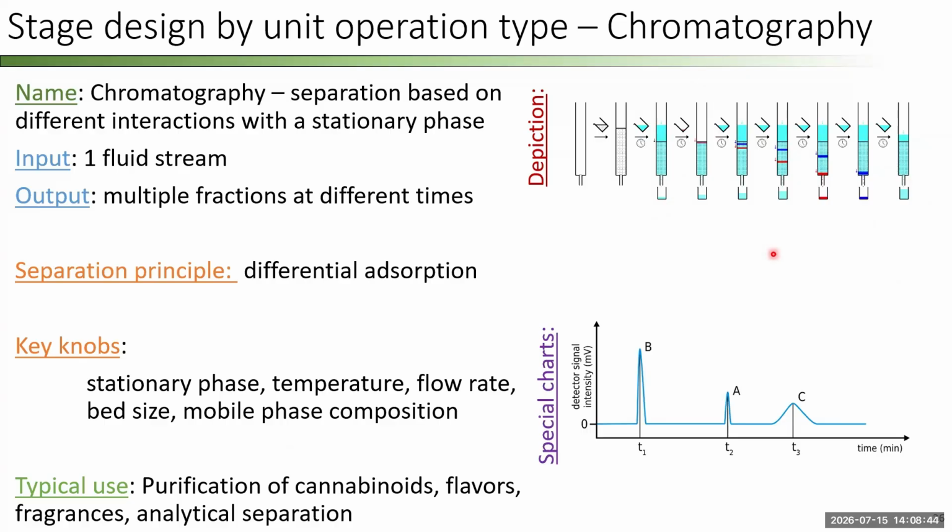Because this is a very batch-based process, this tends to be one of the more expensive separation techniques. Therefore, we generally use it for more expensive products. So think cannabinoids, flavors, fragrances, and we use this a lot in analytical separation. We'll talk about that next time.